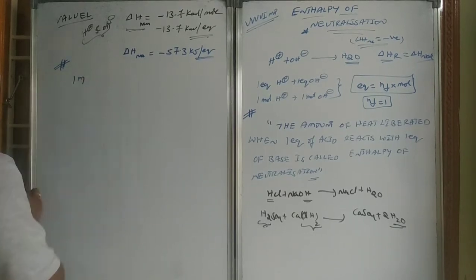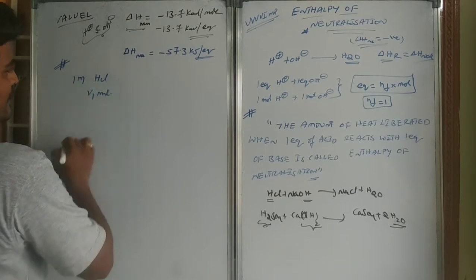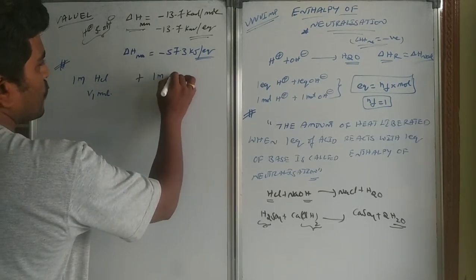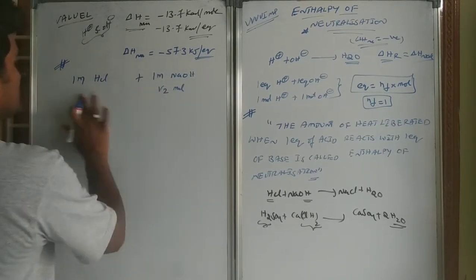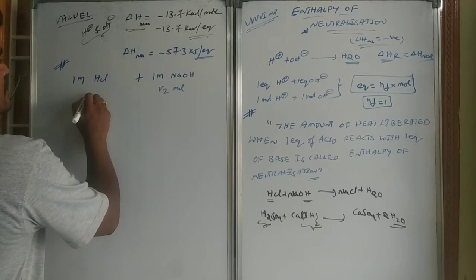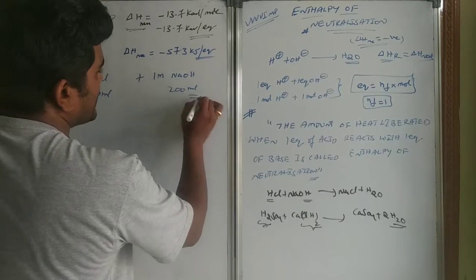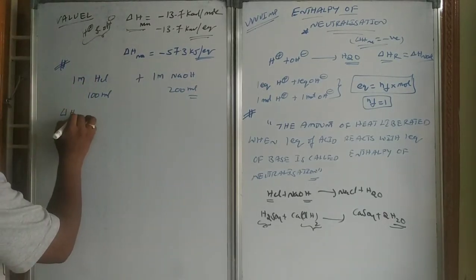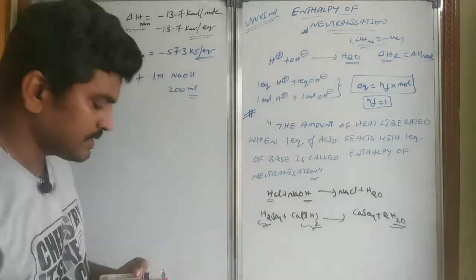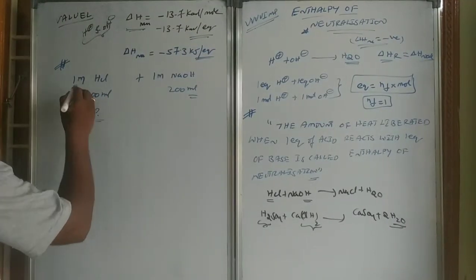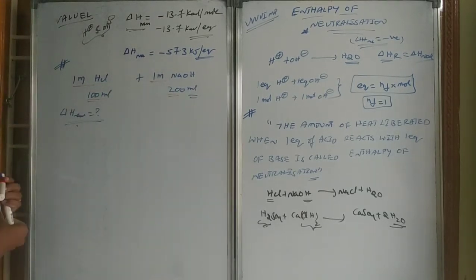Let us say 1 molar HCl of V1 ml reacts with 1 molar NaOH of V2 ml. Just go with 100 ml reacting with 200 ml. What is delta H neutralization? See here: 1 molar HCl of 100 ml, 1 molar NaOH of 200 ml.